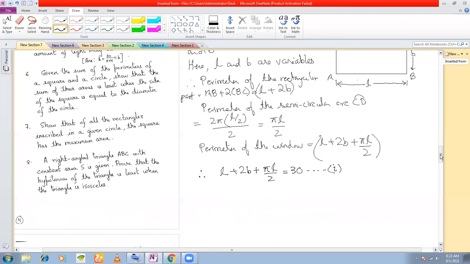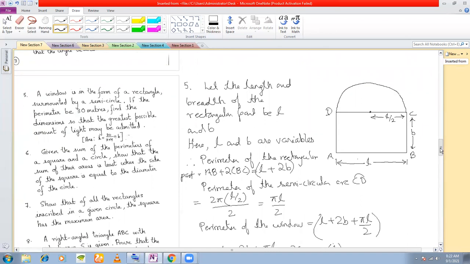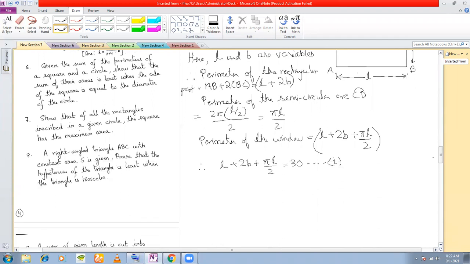Now, see the question. Question is, find the dimensions of the window so that the greatest possible amount of light may be admitted. When the greatest possible amount of light will be admitted?